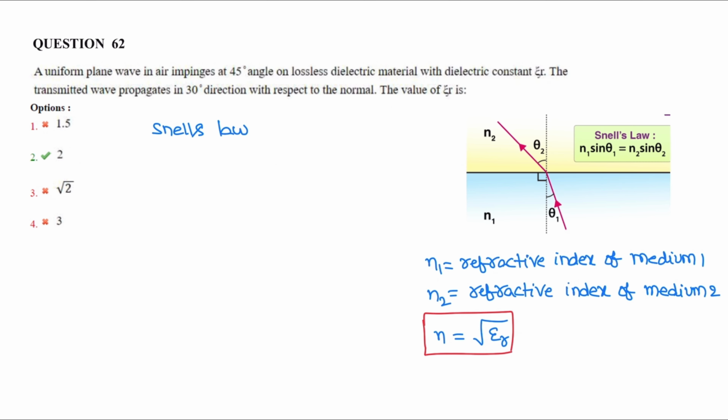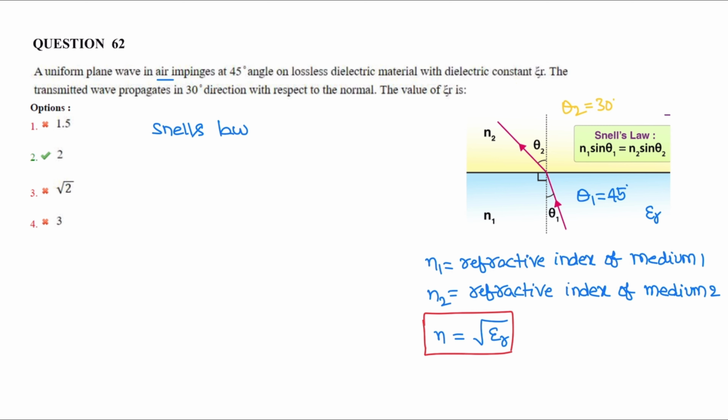Next question. A uniform plane wave in air, that is medium 1 is air, impinges at 45-degree angle on a lossless dielectric with dielectric constant epsilon r, and the transmitted wave propagates at 30 degrees. Here theta 1 is 45 degrees and theta 2 is 30 degrees.